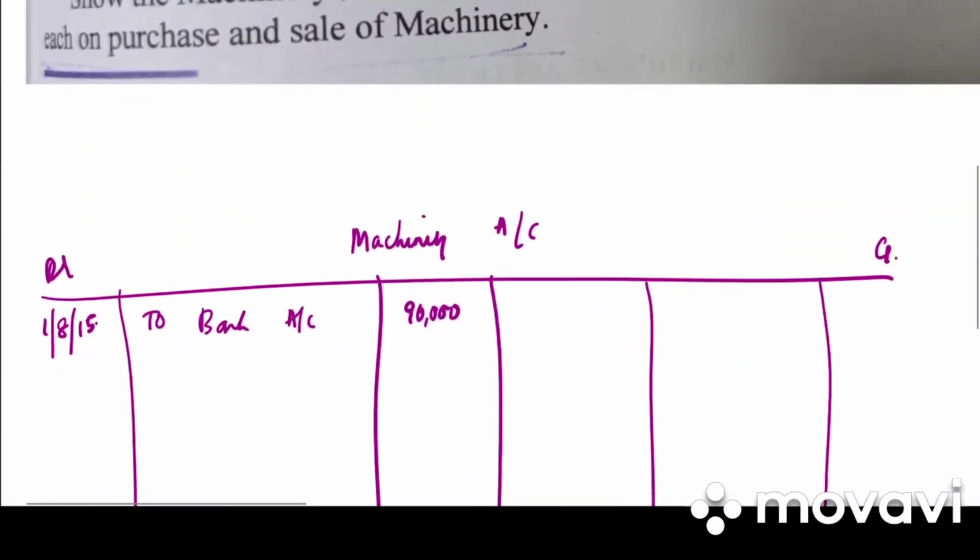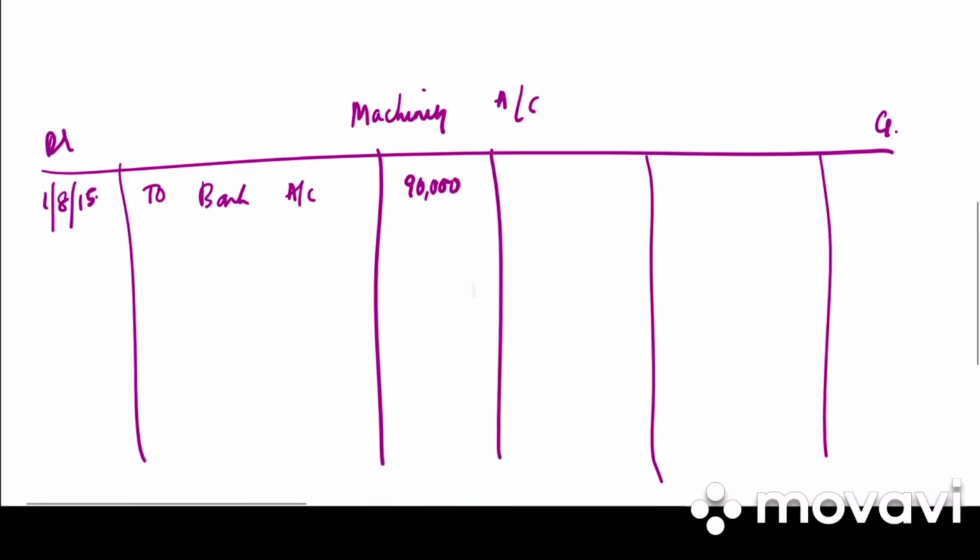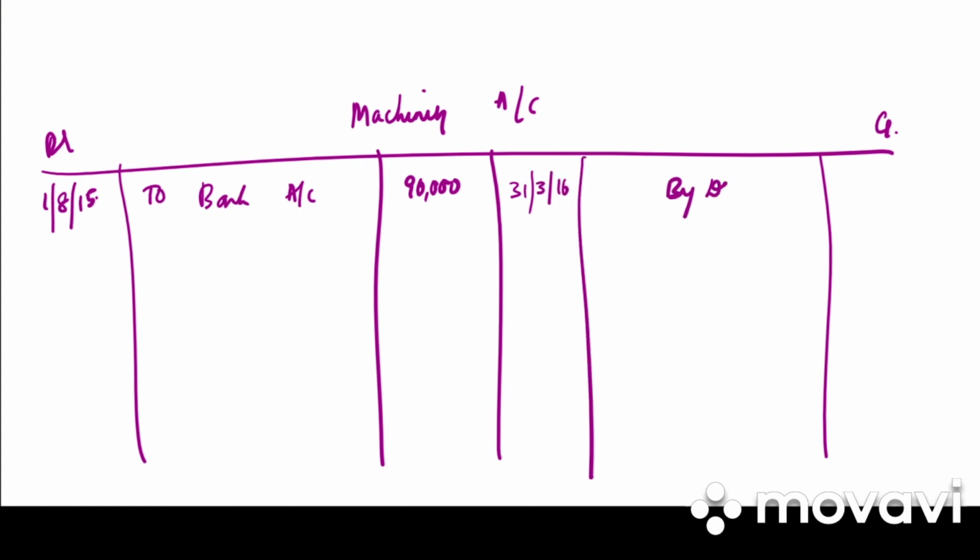In October 2016 another machine was purchased. So from 1st August till October 2016 no transaction has taken place. So on 31st March 2016 we will charge depreciation by depreciation account. 90,000 into 20 by 100. How many months used? August, September, October, November, December, Jan, Feb, March. 8 months.